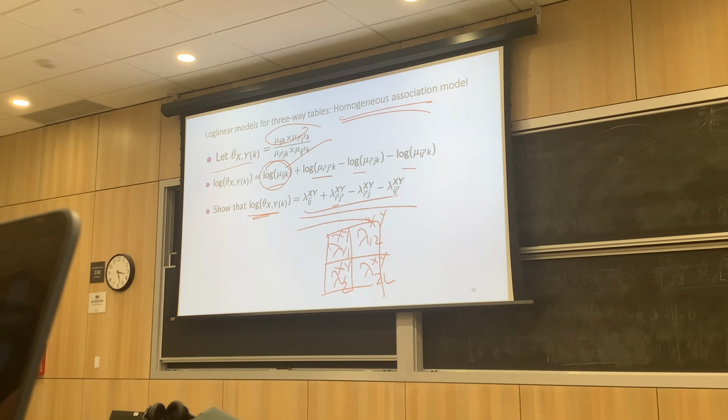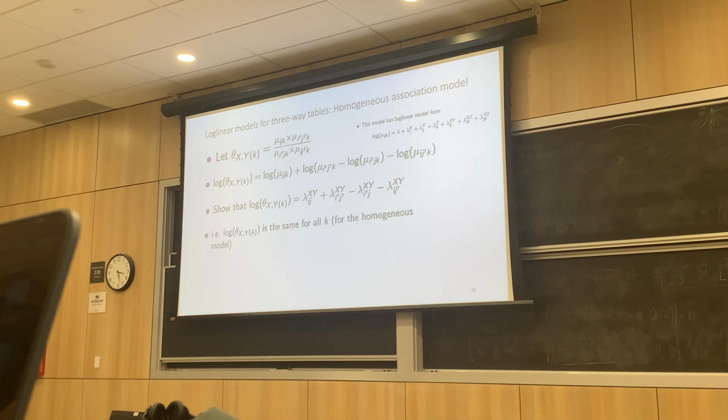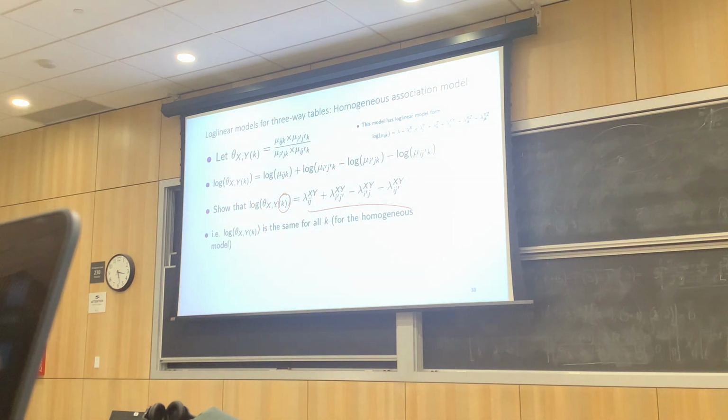So it's kind of a familiar form. It is not multiplying; this time you subtract. And the important thing to note is that it's independent of the condition, which is what we expected. The conditional independence means X and Y are independent at every layer of k. So that is what this means.